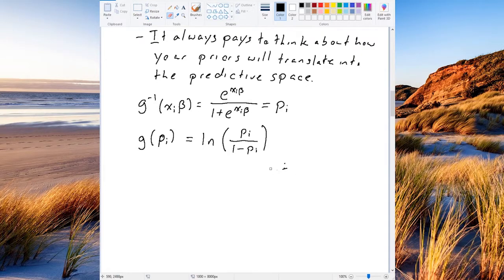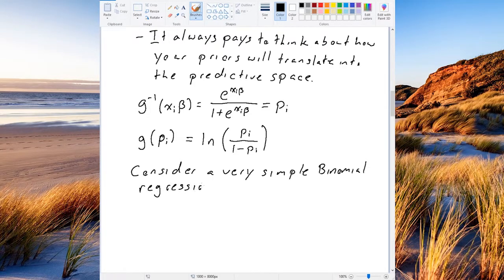So I want to talk about what the x vector is in particular to get into this. A very simple binomial regression model where xi has two elements.